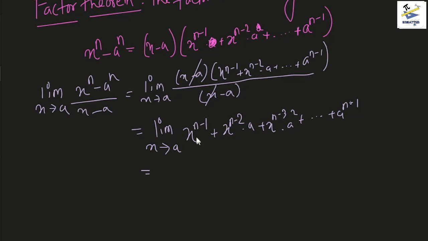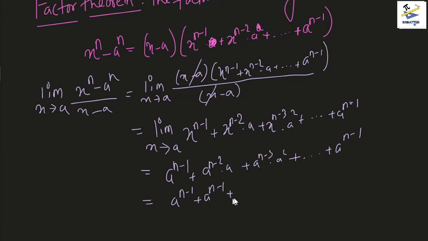Now, putting the value of x, because this expression is completely defined and it's a polynomial, we see that it is equal to a to the power n minus 1 plus a to the power n minus 2 into a plus a to the power n minus 3 into a squared, and all the way up to a to the power n minus 1. Simplifying, we get a to the power n minus 1 plus a to the power n minus 1 plus a to the power n minus 1, and all of the terms would be a to the power n minus 1.